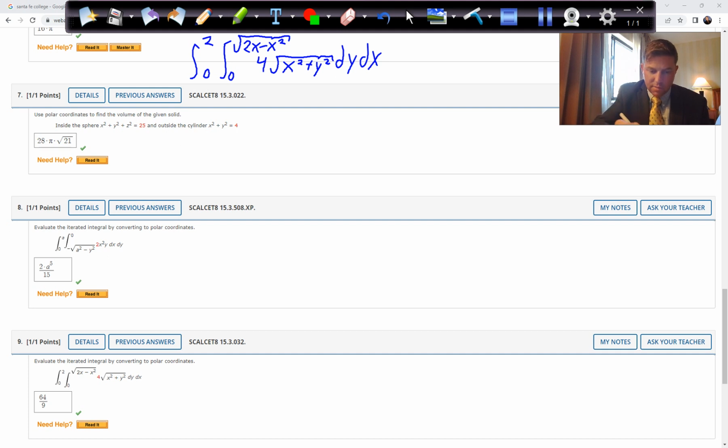So let's start with the limit. What we're going to write is that the upper limit is a y term. So we're going to write y is equal to the square root of 2x minus x squared. And we're going to square both sides. And we're going to add x squared to both sides.